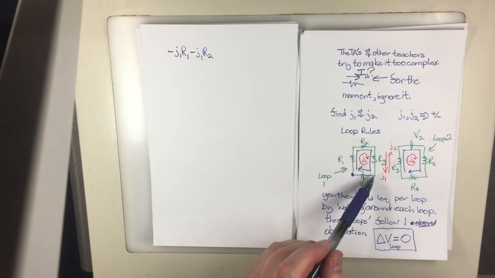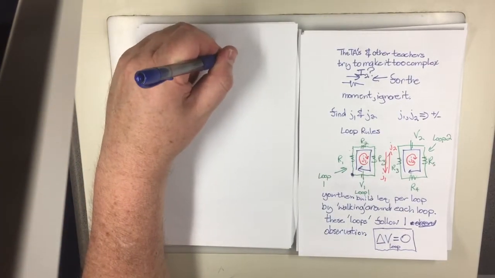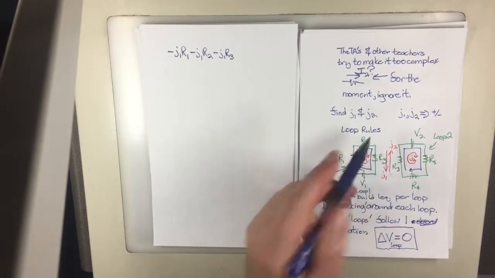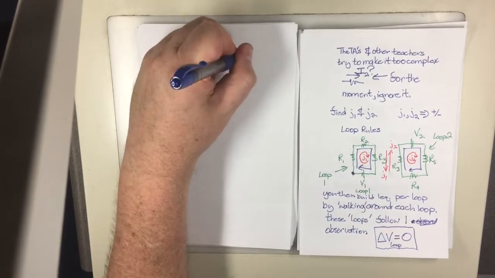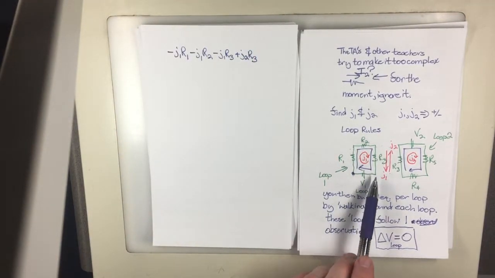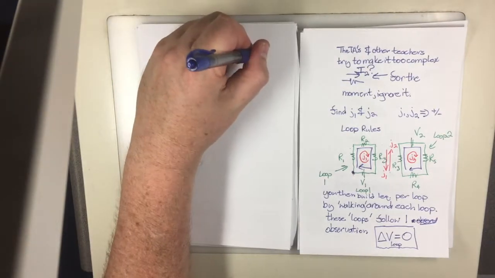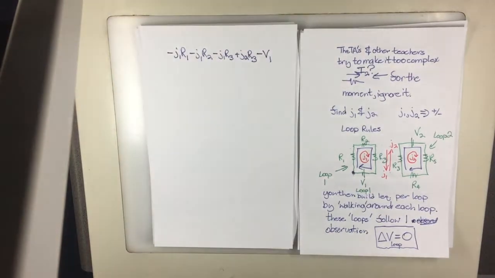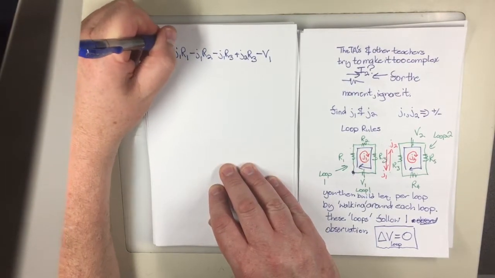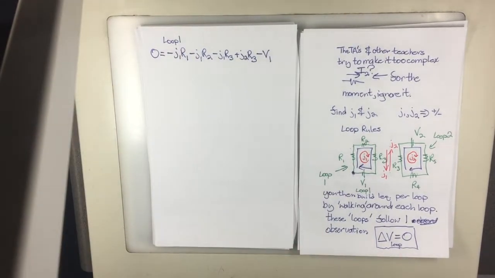Now I go from there to there, which means I'm going with J1 or minus J1 R3, but against J2, positive J2 R3. And then the last bit, I go from there to there. I'm going from a positive to a negative lead of battery V1, which means I go minus V1. That's a complete loop. So for loop 1, I've set up the equations and it's all equal to 0.